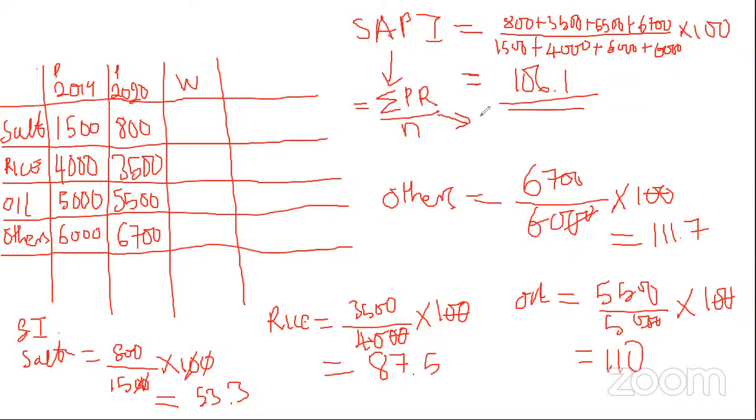This happens only if they have given us price relatives. That is when we use this formula. Is that okay?